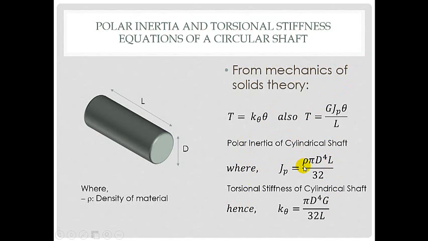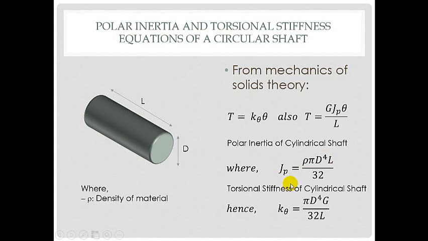You can increase the inertia of the shaft by either increasing the density of the shaft, or by increasing the length of the shaft. But really, the most bang for the buck would be increasing the diameter of the shaft. If you increase the diameter of the shaft, you're going to get a difference to the power of 4 in the polar inertia.